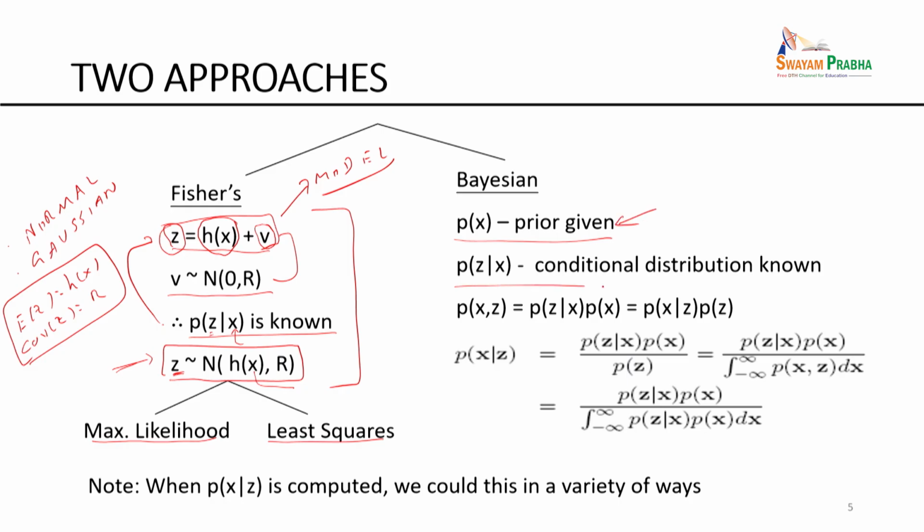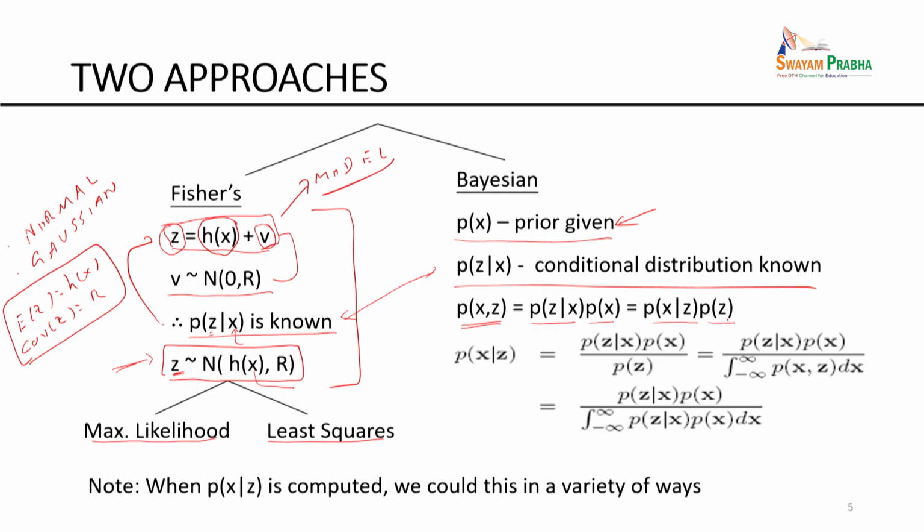The conditional distribution Pz of x, please understand, the Pz of x and the conditional distribution are essentially the same here. Now I'm going to relate the conditional distribution to the joint distribution. This is called the joint distribution of x and z. From basic probability theory, the joint distribution is the product of the conditional distribution and the prior, and I can condition it either on x or on z.